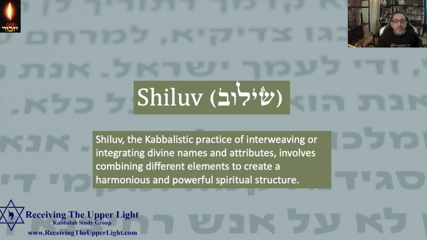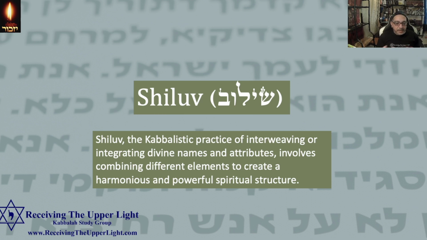For example, the Shevirat HaKelim was a breaking that mixed good and evil. Therefore, we needed the tikkun of the world of Atzilut. The breaking of the soul of Adam into the many pieces that we are is also a mixing of good and evil. We are a mix of good and evil.